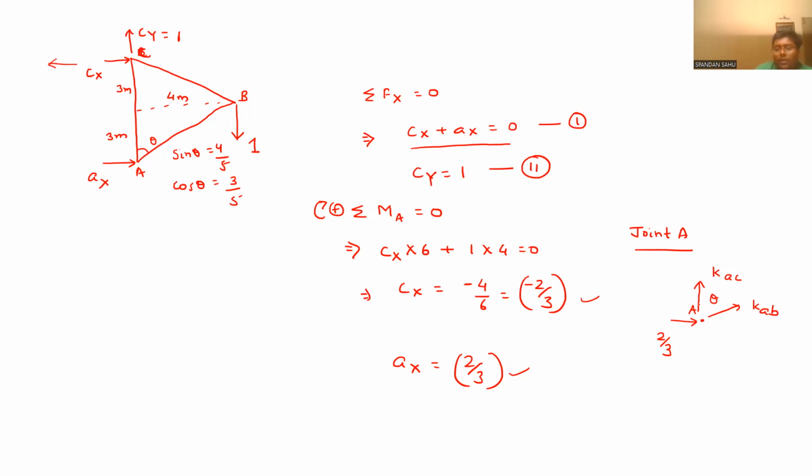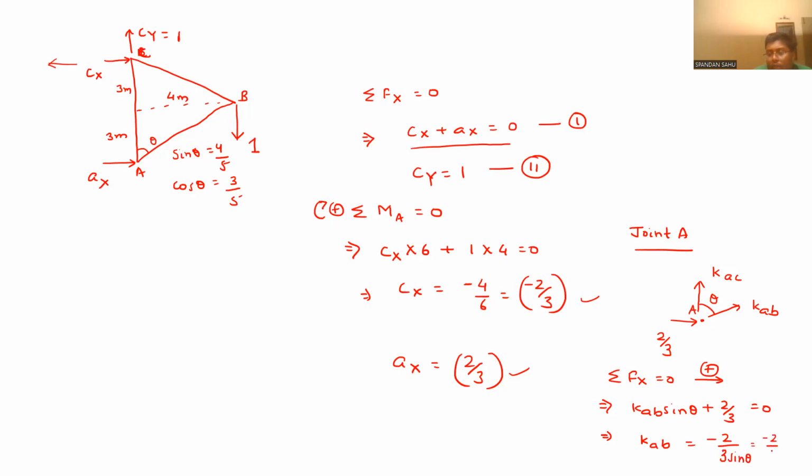So again, the same thing we have to do, summation of Fx equal to 0. So from here you will get KAB sine theta plus 2 by 3, along this side I am taking positive, equal to 0. So this will be KAB equal to minus 2 by 3 sine theta.